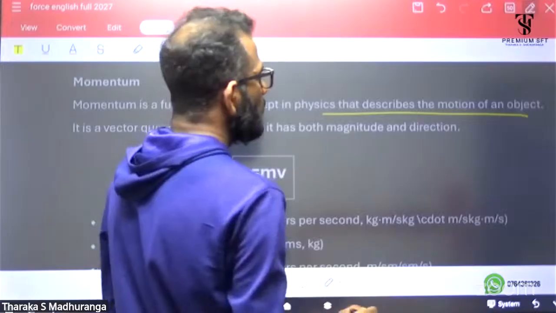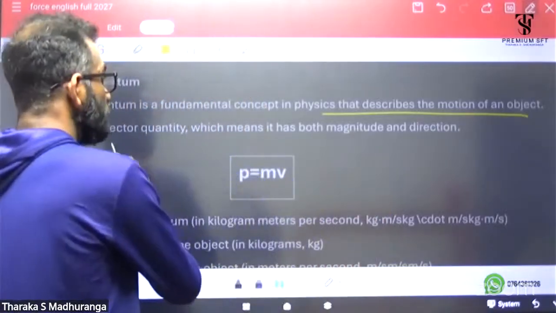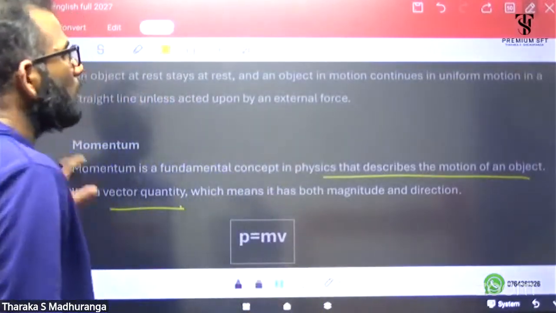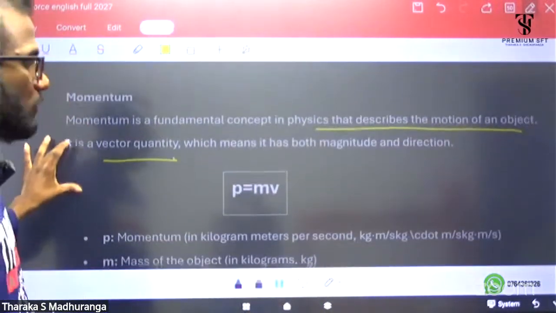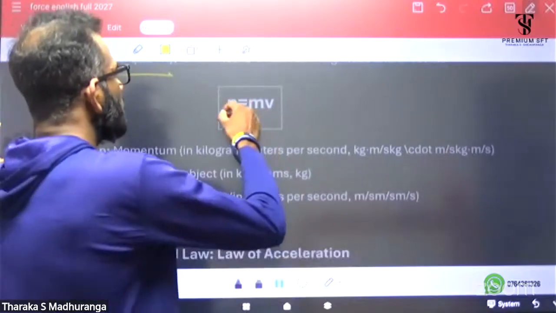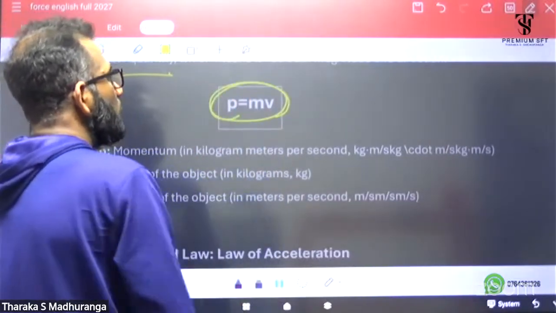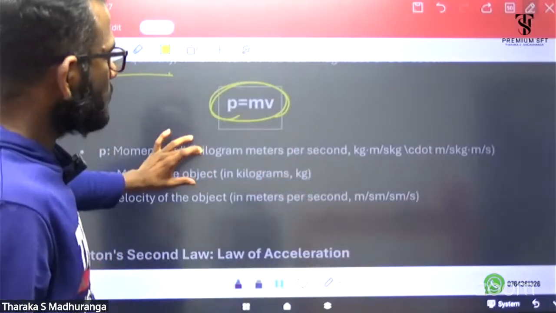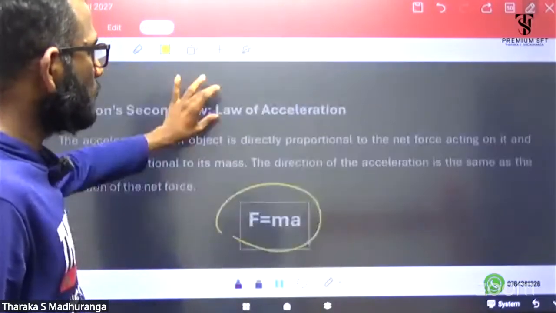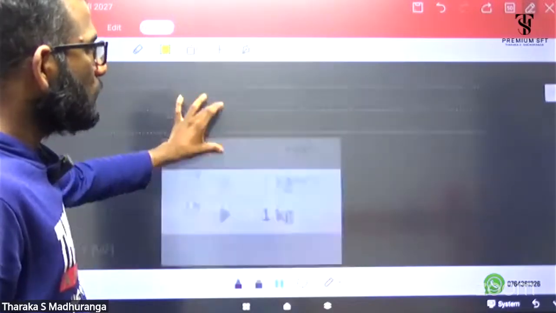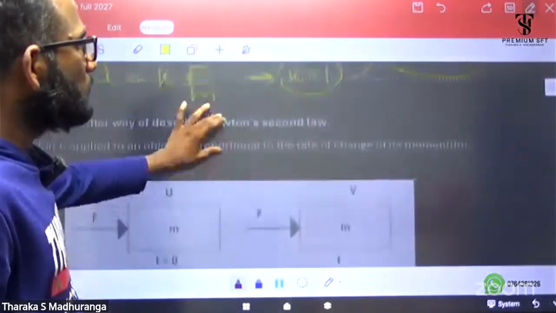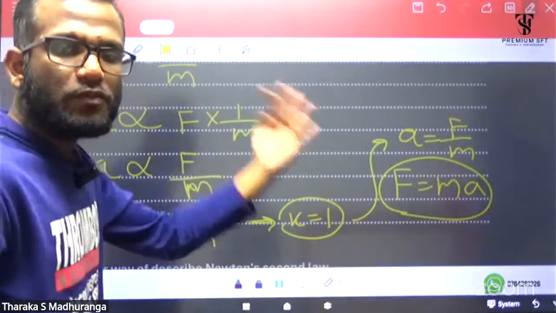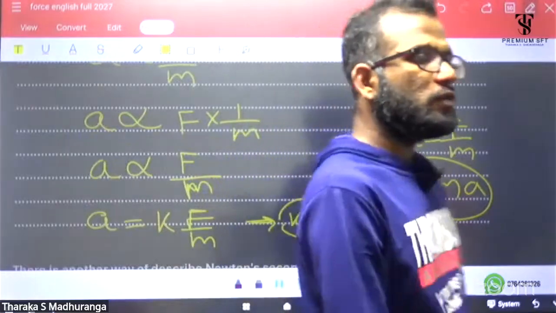It is a vector quantity, having both direction and magnitude. We get the momentum by multiplying mass by velocity. Now we have discussed two equations, right? F equals ma, and momentum equals mass into velocity.